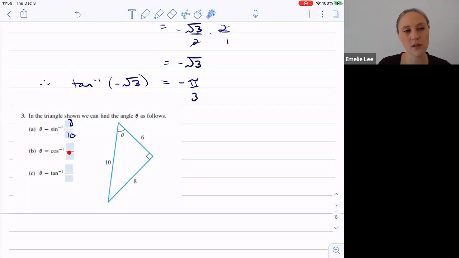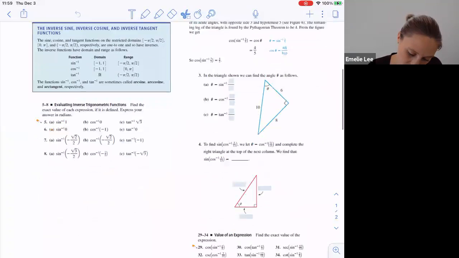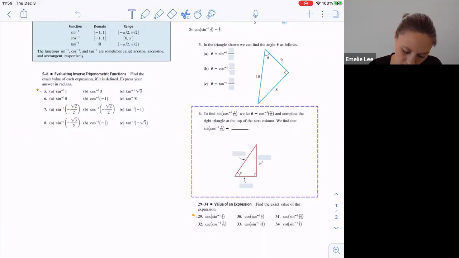The cosine of theta is adjacent over hypotenuse, 6/10. So those are the values that are going to give me theta. Tan, opposite over adjacent, 8/6. Not bad. How about the next example?